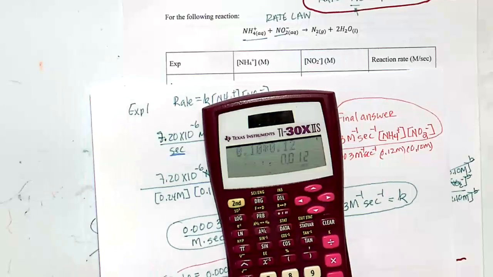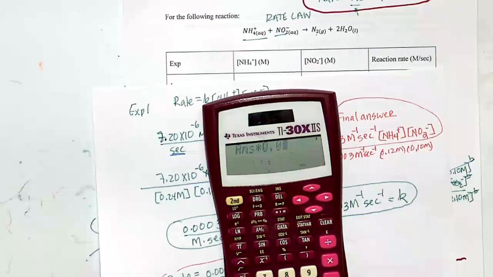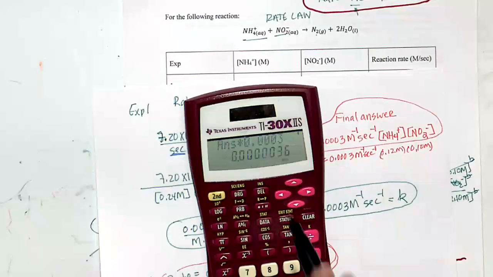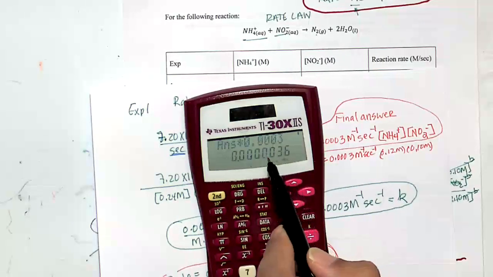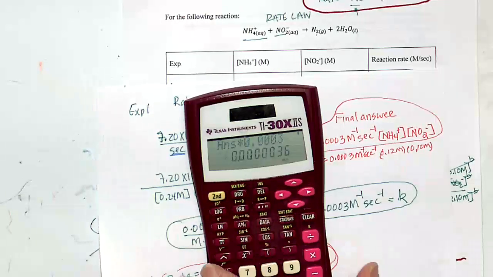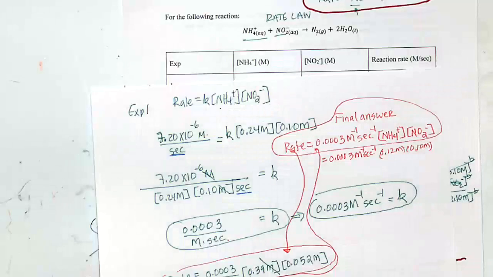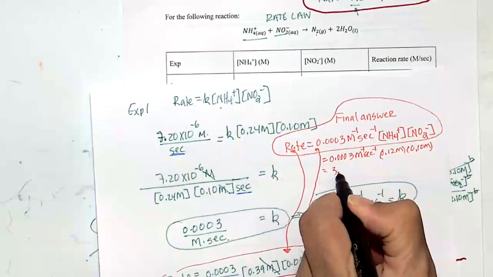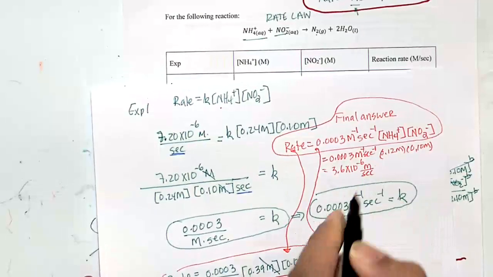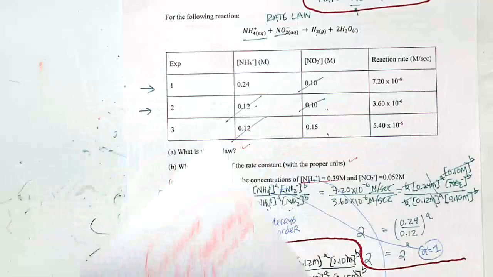So just verify using experiment 2 numbers. 0.10 times 0.12 times 0.0003. 3.6 times 10 to the minus 6.